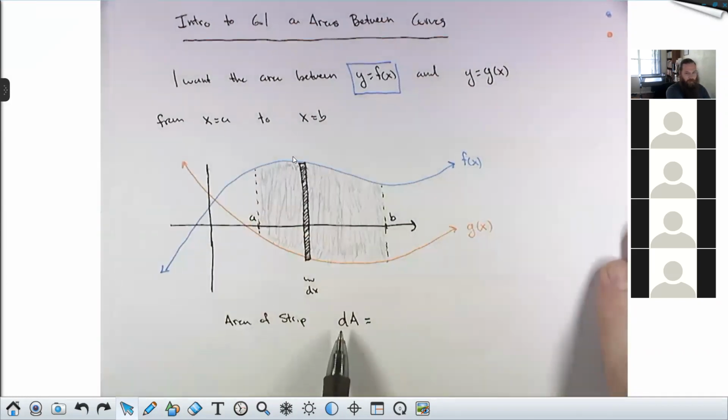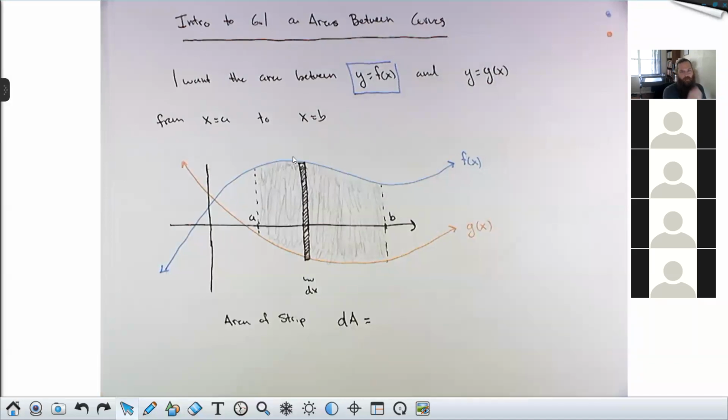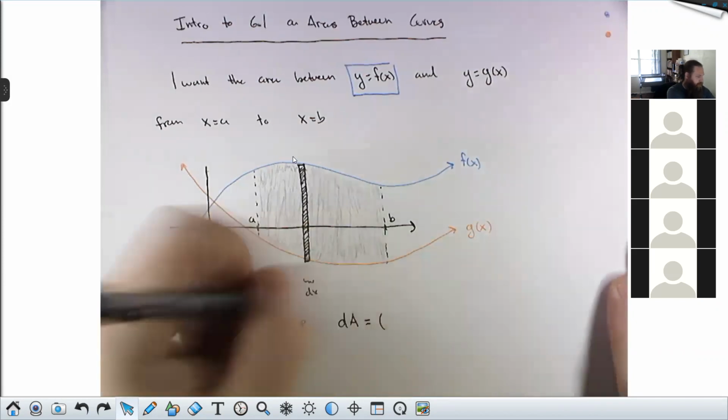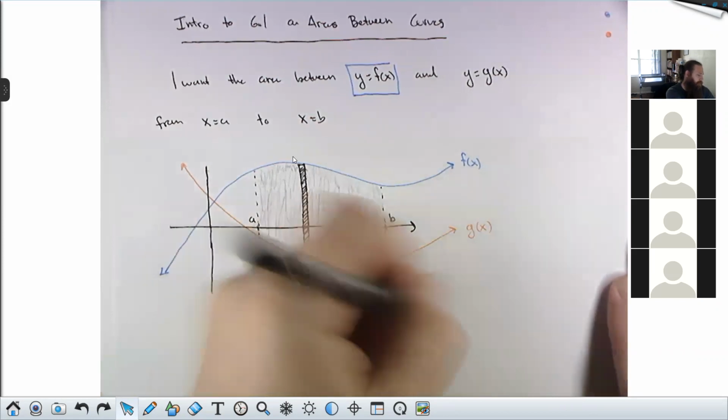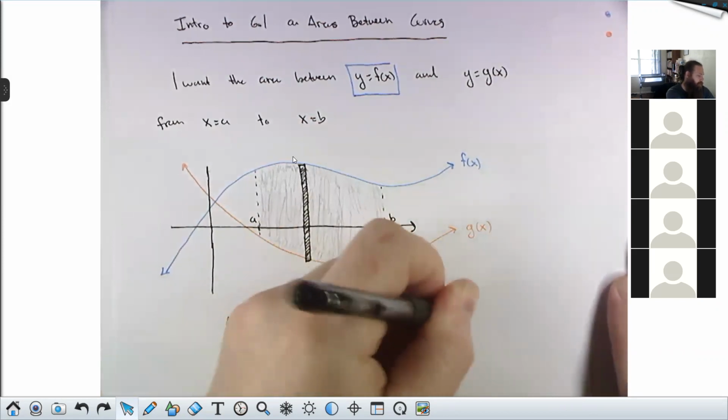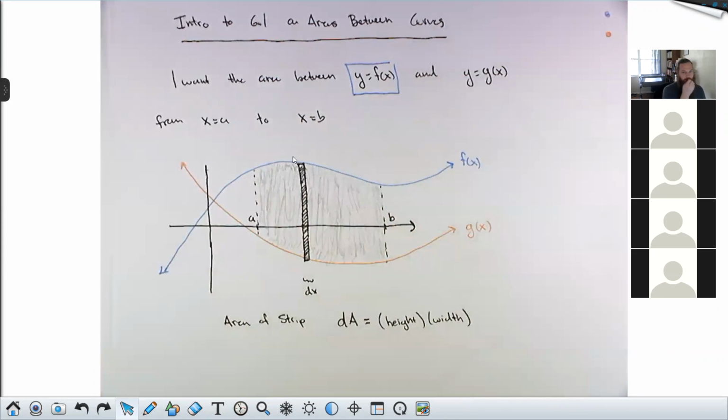D you can just think of as being a short, tiny area. So the tiny little area there is going to be the height times the width, right? The width, we said, I'm choosing that to be dx. I just think of it as a teeny tiny little width.